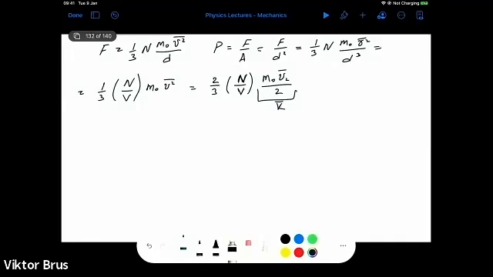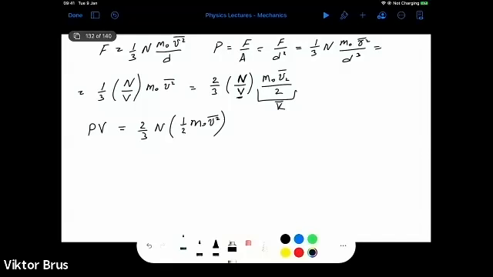So for this purpose, let us rewrite again the last equation, and we can write now, so we just move this volume from the denominator of the right side to the left side. So we have the product of pressure and volume equal to 2/3 N times 1/2 of m0 v square average.